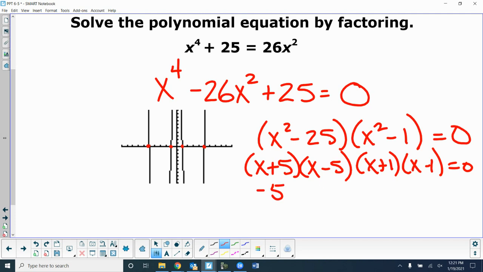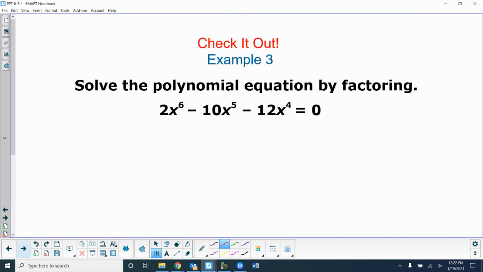There's your -5, there's your +5, there's your -1, there's your positive 1. Okay, so it's not that bad to factor. But this, a little bit quicker. Those are our roots, our zeros. It's okay with me if you use your calculator to find these. Okay? Right, Abigail? Okay? Do that one using your calculator.